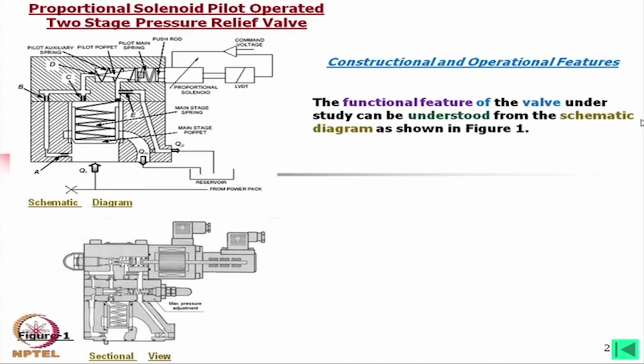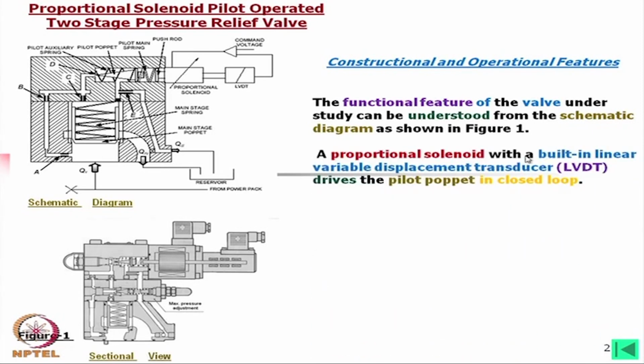The functional feature I have already described. Now, this solenoid, as already mentioned, has a built-in linear variable displacement transducer, which is called LVDT.